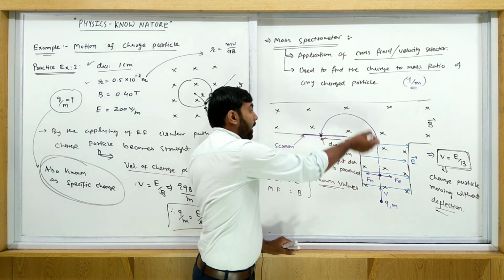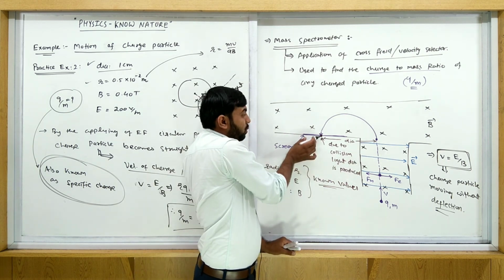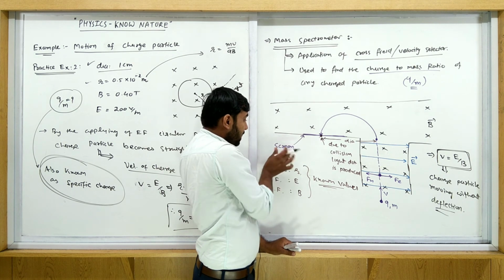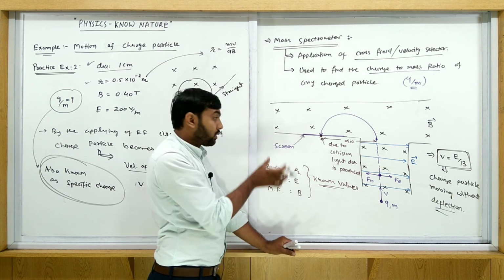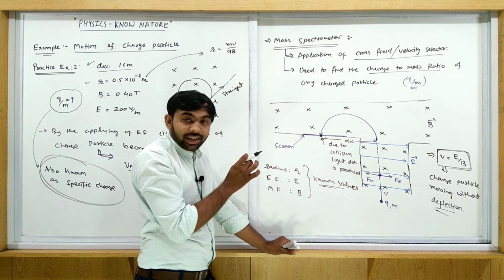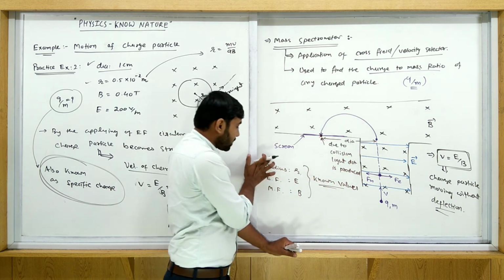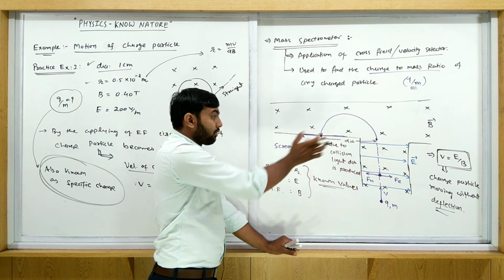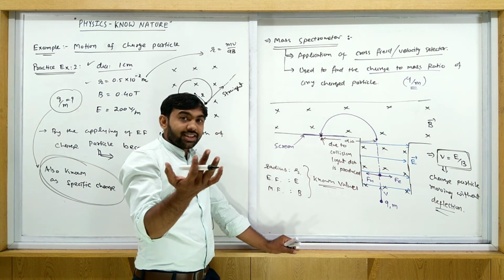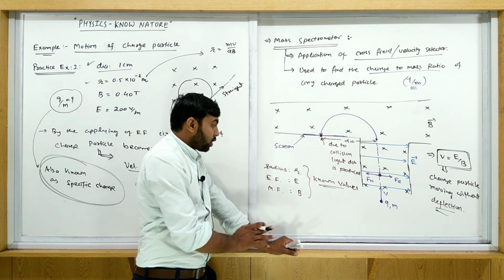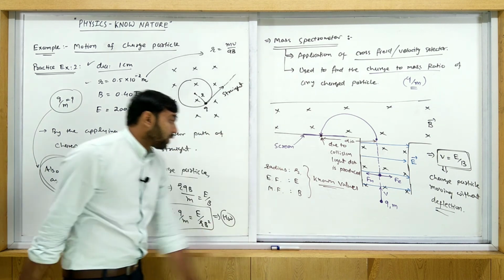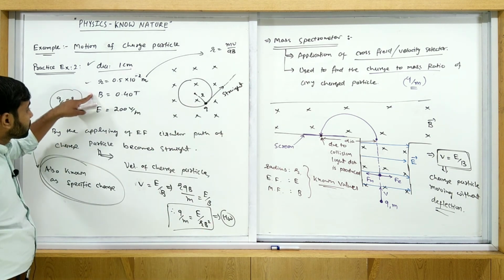But when the particle collides at this point, this point is known, because here the screen is placed, and when the particle collides with the screen, a light dot is produced, and from the light dot this is measured. So diameter is known, it means radius is known, and electric field and magnetic field we set properly. So R is known, B is known, E is known.